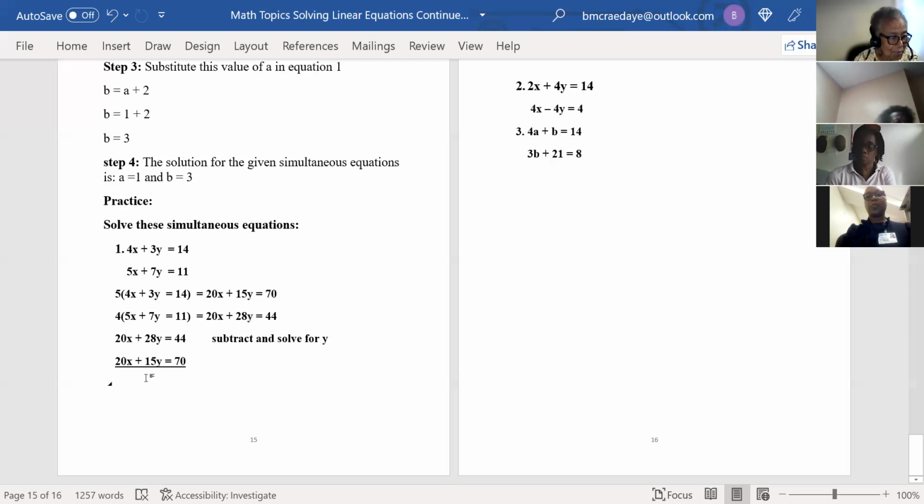28 minus 15, that's 13y. So you got 13y here, right? And what's that equal to? What's 44 minus 70?